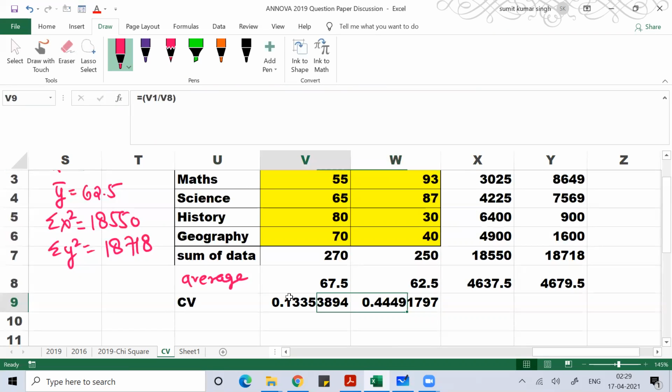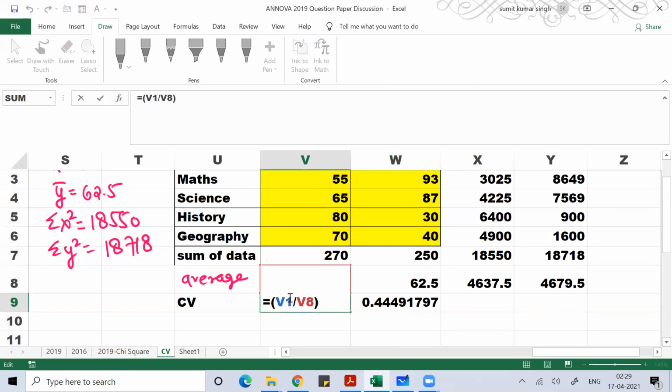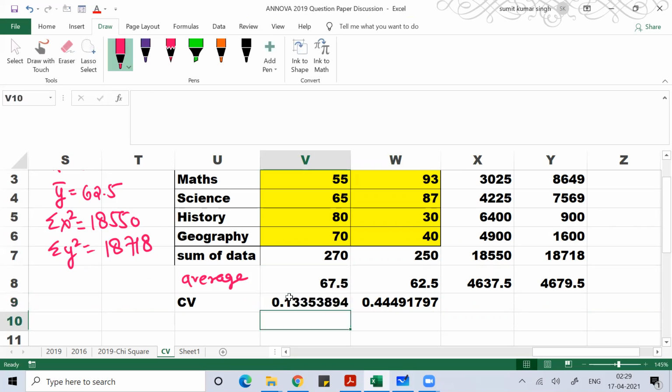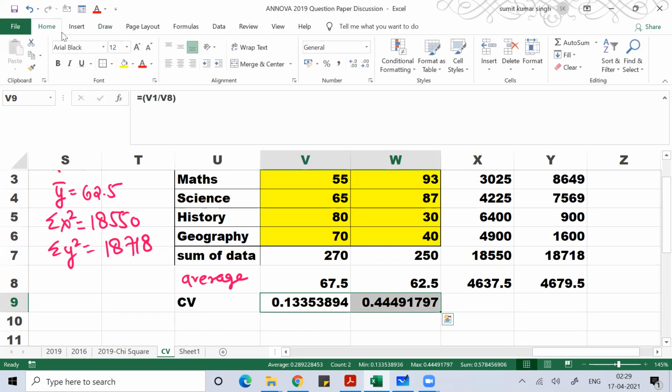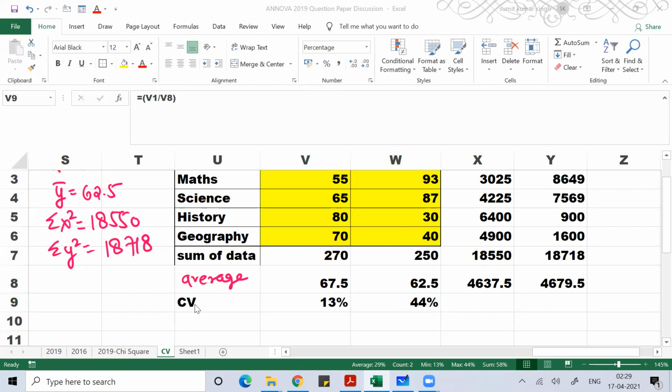Basically the mean. Standard deviation divided by mean into 100, if you want, you can multiply by 100. You will get the same thing in percentage. So lesser the coefficient of variation, more is the consistency.